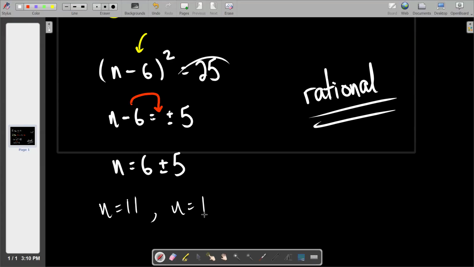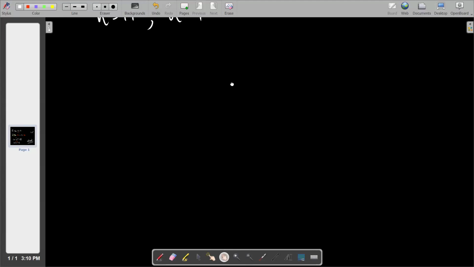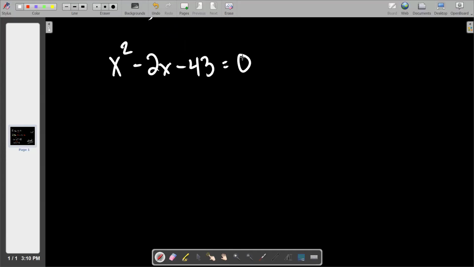For the most part. Let's do number 2 as well. And I'm going to let you help me do a little bit more of the work this time, but let's give it a shot. So we have x squared minus 2x minus 43. I didn't know if you were going to move that or not. So good. All right. So now what? By the way, there will be none of them on this worksheet where we divide. These all are going to already have a leading coefficient of 1.